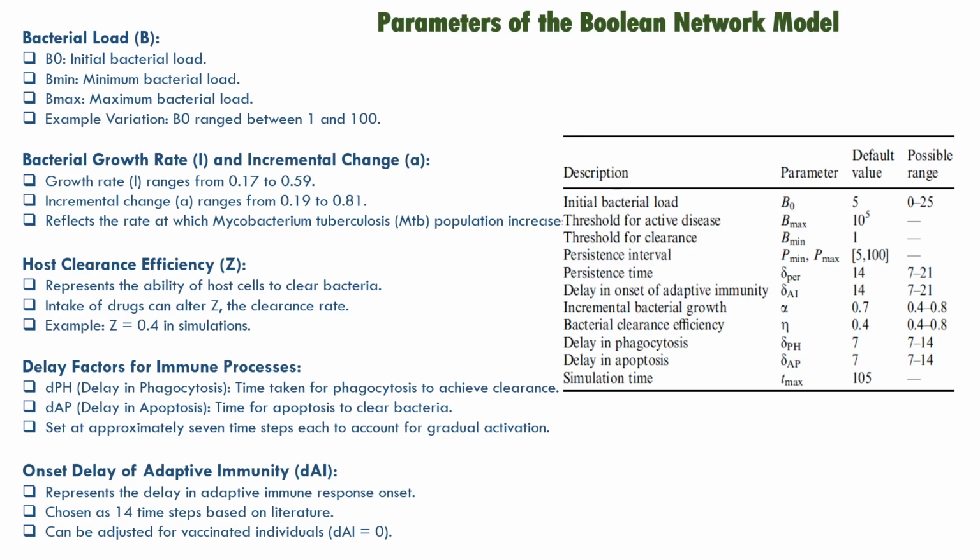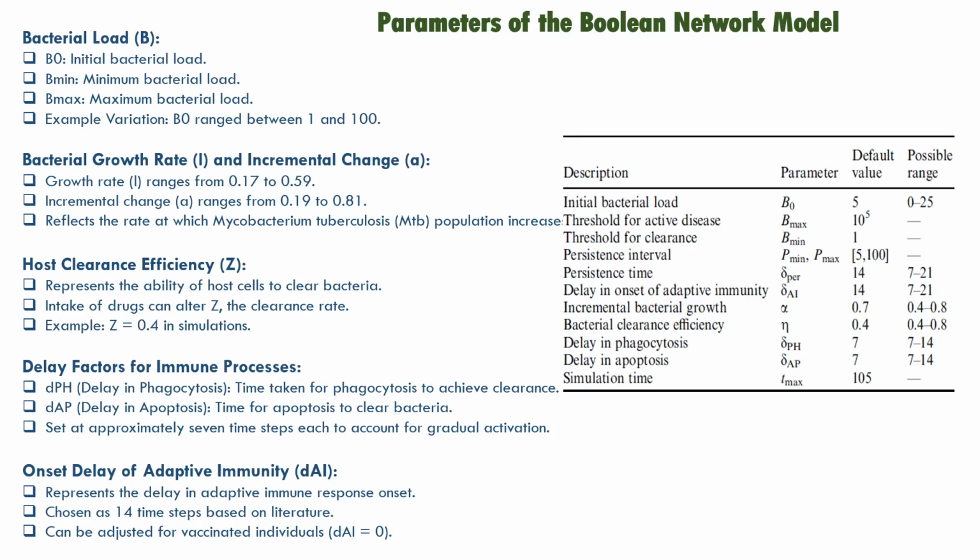So I have listed down the parameters of the model just to give you an idea what kind of parameters they use. For example, here they have used bacterial load, how the bacterial load is changing. Also, they have used how the clearance is changing, meaning after infection, how apoptosis and how phagocytosis is changing.